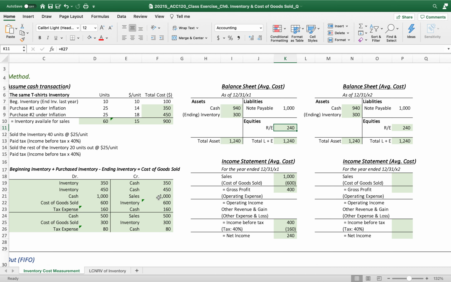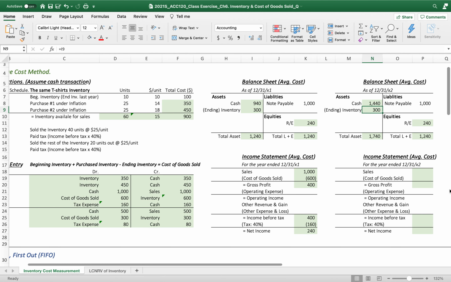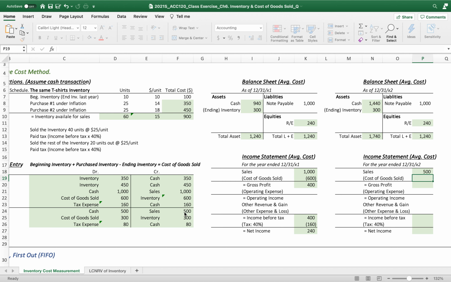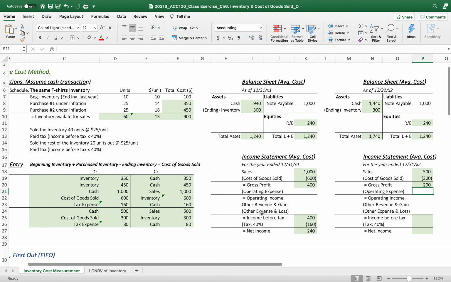Okay, so cash 500 in when we made the sales in the second year, and then the sales amount increased 500, and then the cost of goods sold 300 in the second year, so the gross profit is 200.